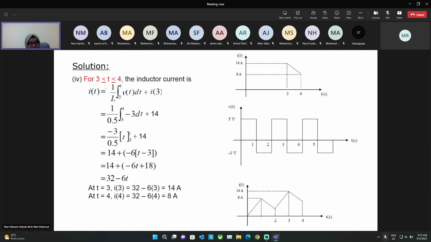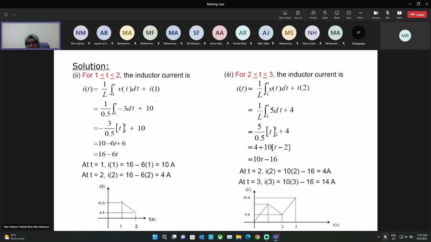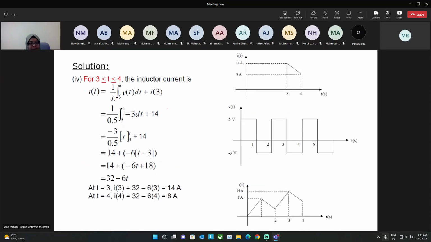Ada kat sini semua. Ini equation asalnya 1/L integration daripada start daripada 3 ke T V dt plus I at time 3. So equation dia negatif 3, L 0.5, I pada masa 3, yang ni lah yang ambil 14. Menggunakan equation sebelum. So do the differentiation.